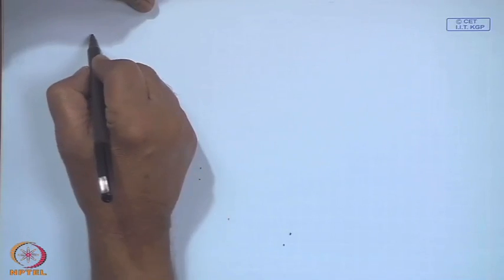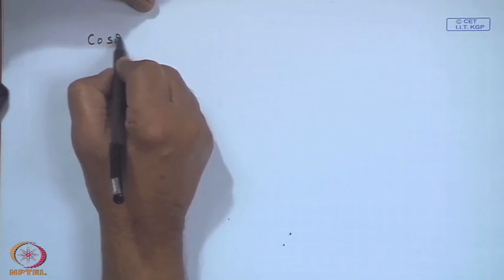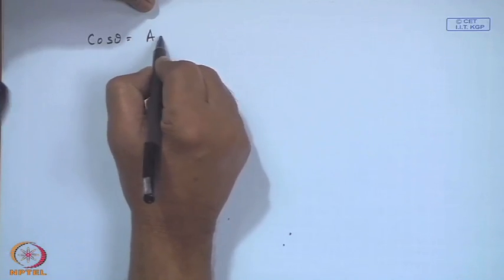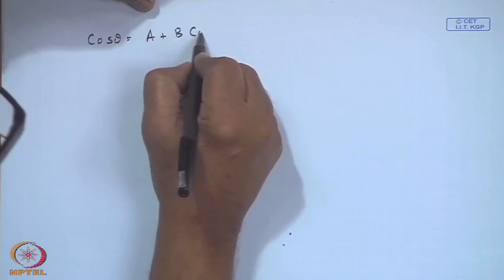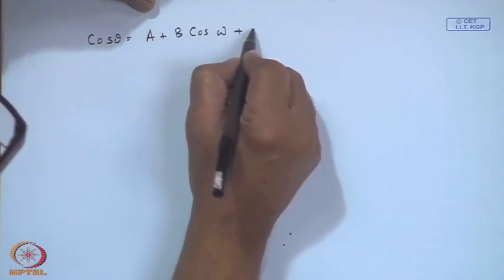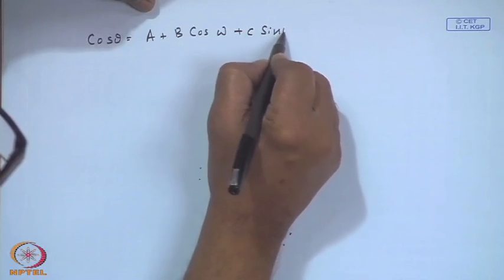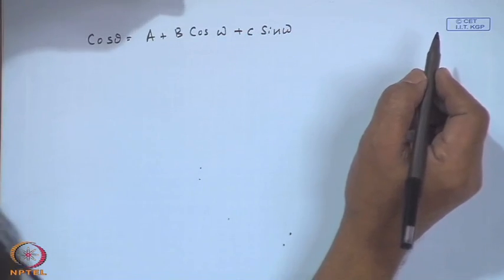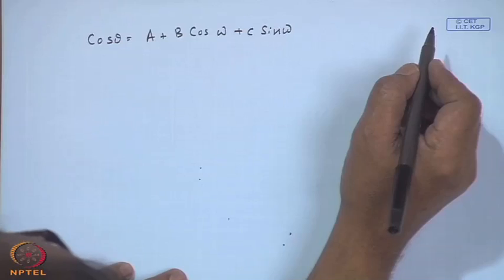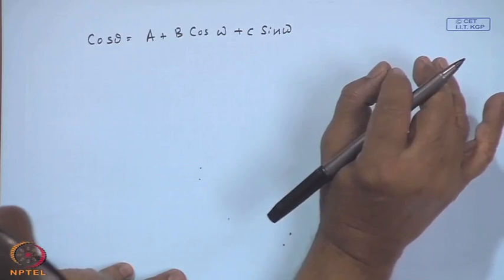You may recall our general equation of cos theta equal to A plus B cos omega plus C sin omega. I have deliberately chosen, in the initial exercises, to give you the equations again in detail, so that you will recall them.